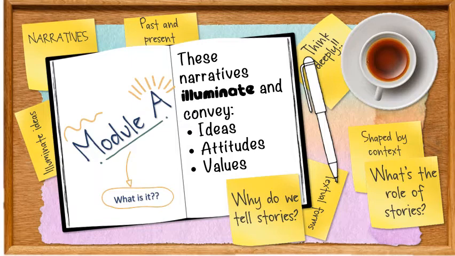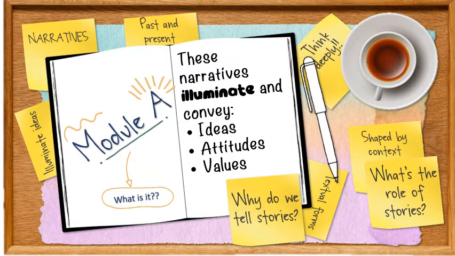They have values about what a bad guy looks like and what an innocent girl looks like. So they don't just tell us a story. Within that story, they have particular ideas, attitudes, and values. And so when we're looking at specific narratives, we are looking at how these stories convey ideas, attitudes, and values.